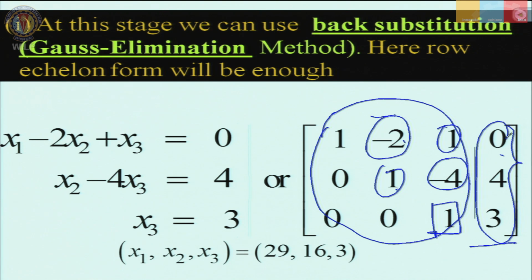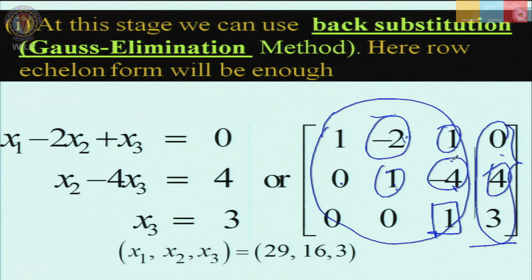If you are multiplying the second row by 2 to make this element 0, then of course 0 into 2 is 0, 1 into 2 is 2, minus 4 into 2 is minus 8, and this 4 has to be also multiplied by 2. Then you add it to the first row, so this element has to be added here also, and then we shall convert again this matrix into row reduced echelon form.